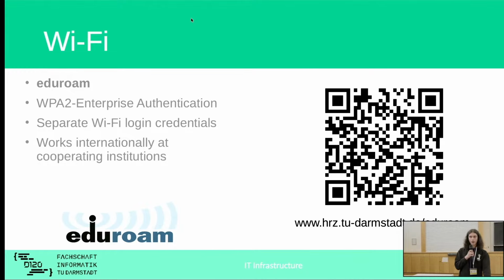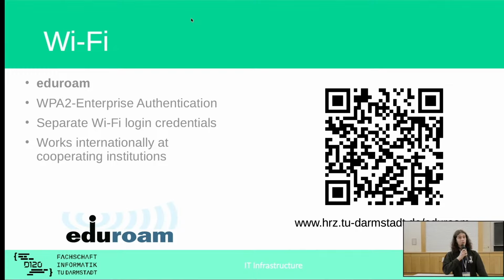The Wi-Fi at TU Darmstadt is like almost any other university that supports eduroam. It supports WPA2 enterprise authentication, and to log in with your Wi-Fi credentials, you have to create them first in the HRZ documentation. More on that at /eduroam on the HRZ website.